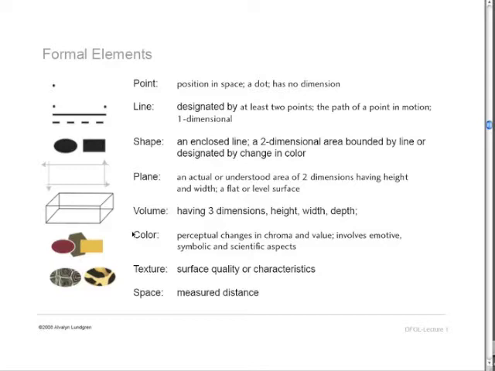Green is generally understood as a color of health. There's also scientific aspects. We have color spaces, we have RGB versus CMYK, we have light waves and amplitudes and things like that. And color profiles that you work with on your computer are scientifically defined. So color is highly complex.